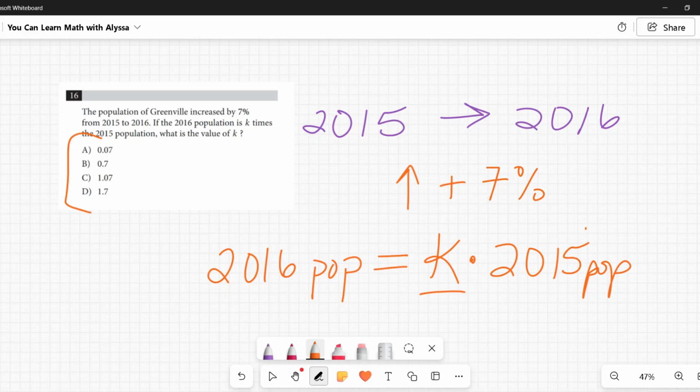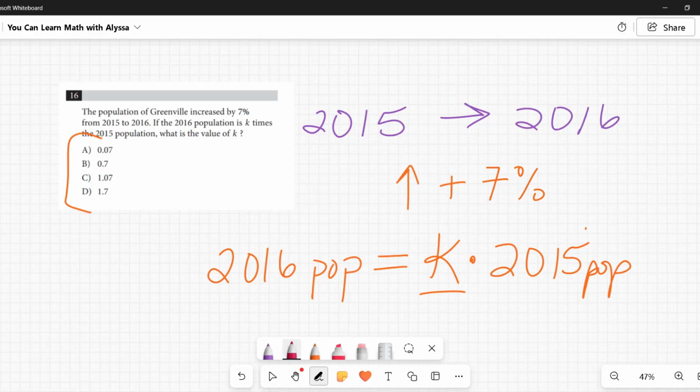Look at these and think of them in terms of percent, because we're told it increased by 7%. So what do all these represent? This is 7/100ths, which is the same as 7%. That's my first option. My second one, 0.7, is the same as 0.70 or 70/100ths, which is 70%. Percent is hundredths.